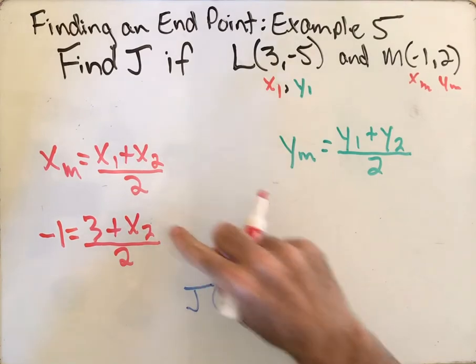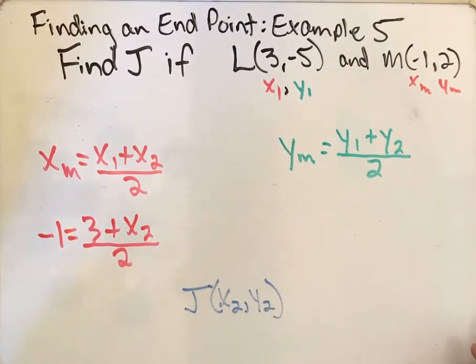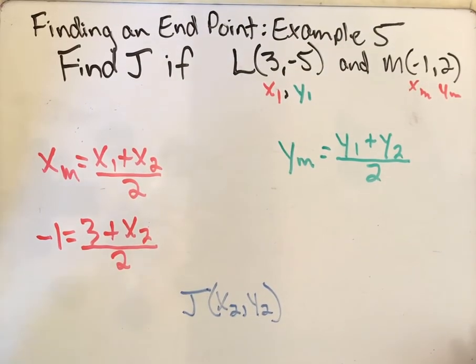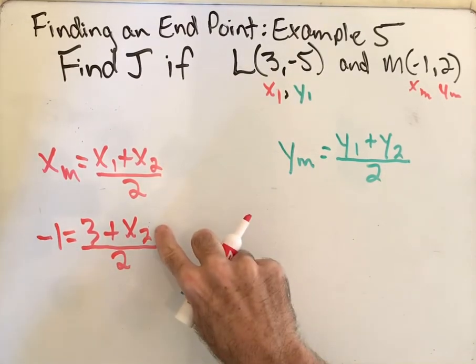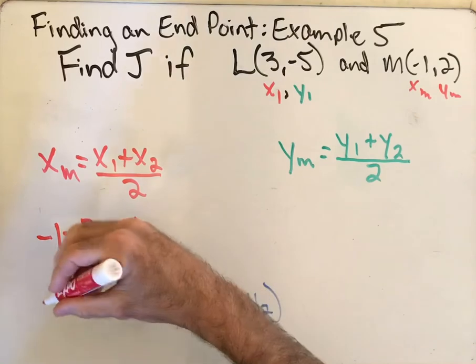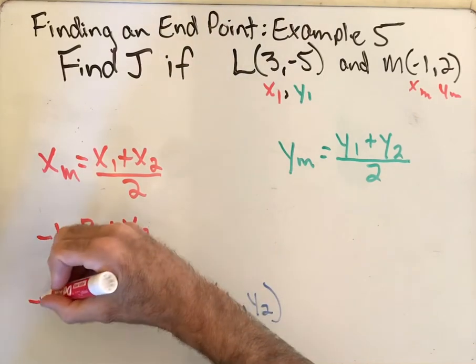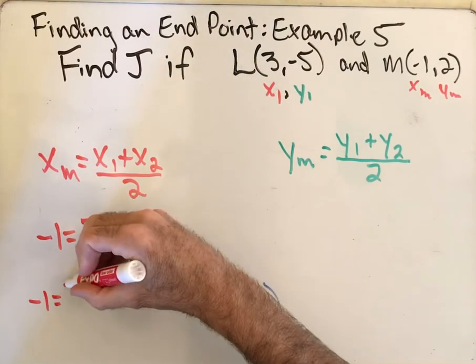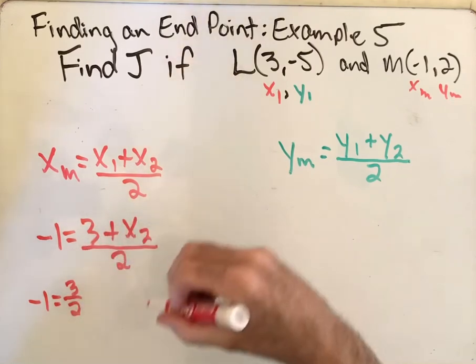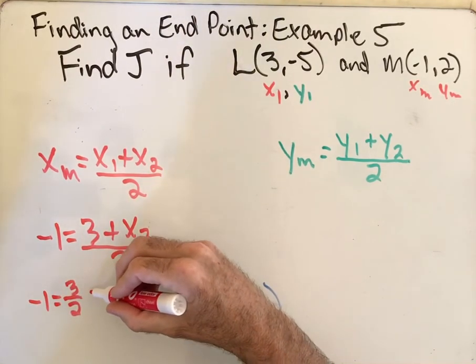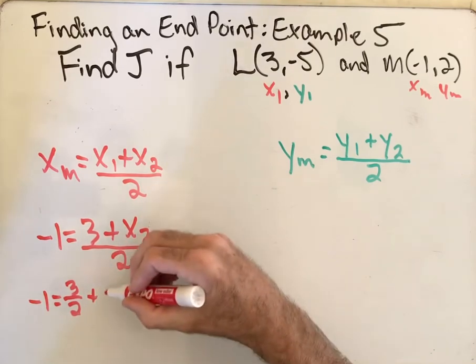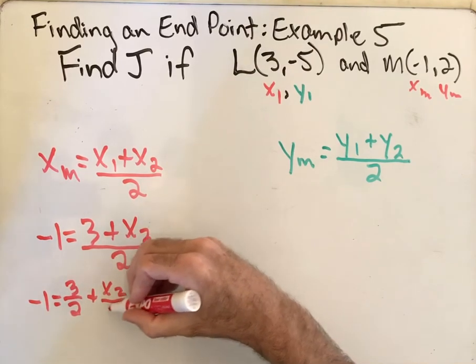So we're going to solve for x sub 2. How do we do that? The 2 applies to the 3, and it also applies to the x sub 2. So -1 equals 3 over 2, because we can separate this into two separate terms, plus x2 over 2.